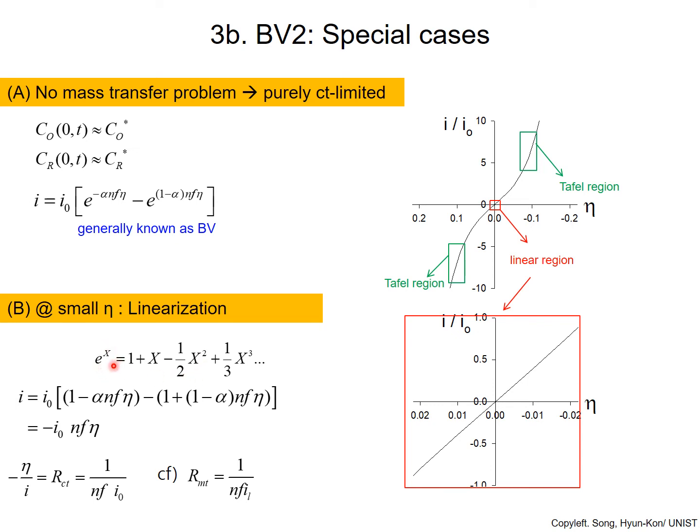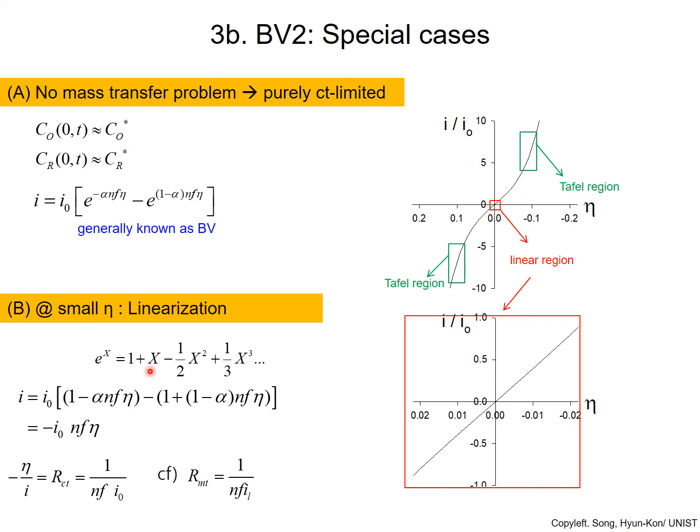If you have a very small x value, the exponential function of x goes to 1 plus x plus 1 over 2 x squared plus other polynomial terms. Because we have a small value of x, we could drop the second order term, third order term, and also higher order terms. So I can say the exponential function of x is equal to 1 plus x.